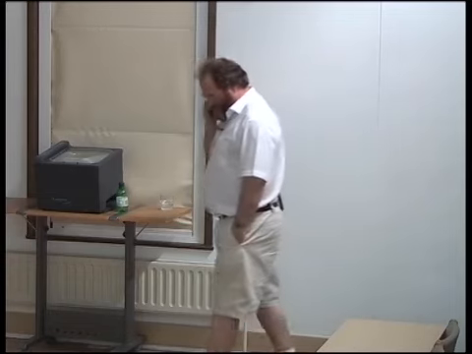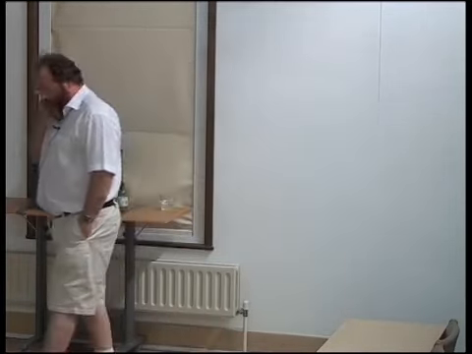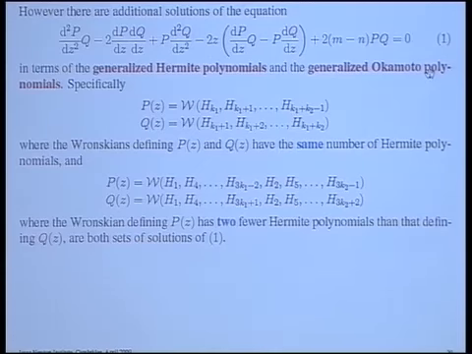Then I went and looked at the results of the generalized Hermite and generalized Okamoto polynomials. And I realized that only 2 of the 3 sets in each case satisfied that condition of one Wronskian having one more Hermite polynomial than the other. So for the generalized Hermite polynomials, you can get solutions that have the same number of Hermite polynomials.